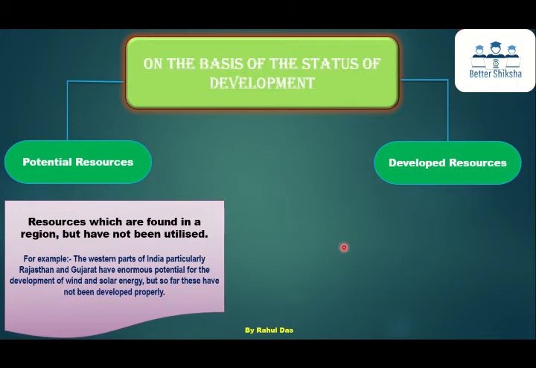For example, the western part of India, particularly Rajasthan and Gujarat, has enormous potential for the development of wind and solar energy, but we don't have proper technology to utilize those resources fully. That is known as potential resources.